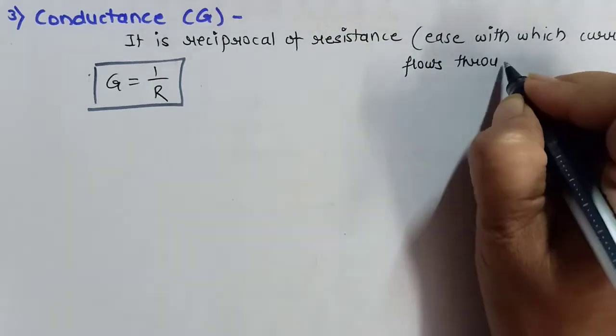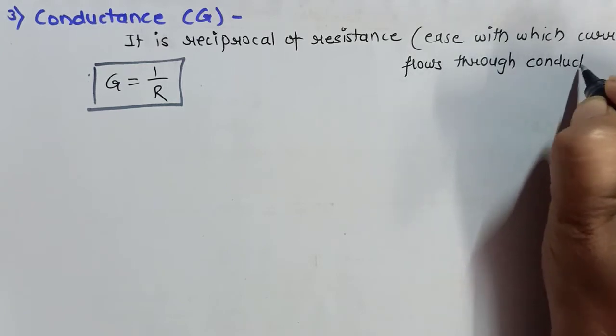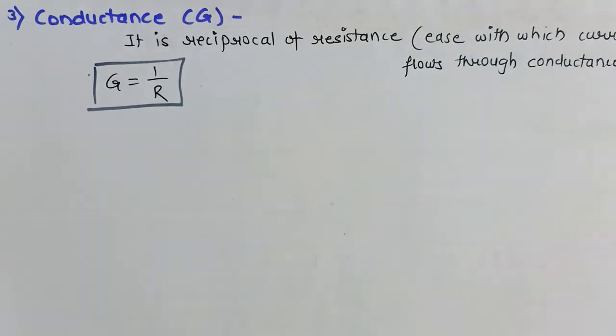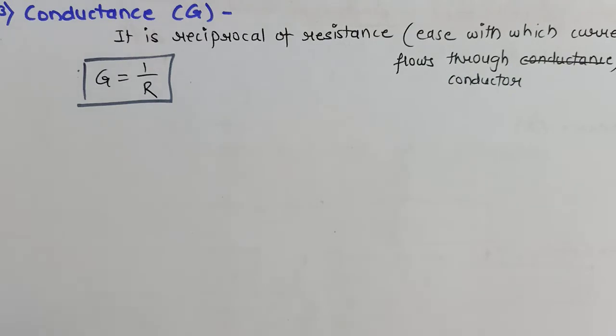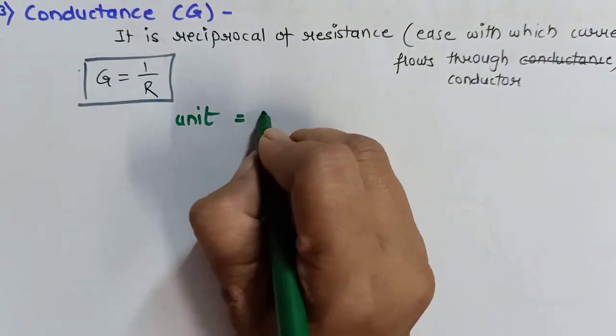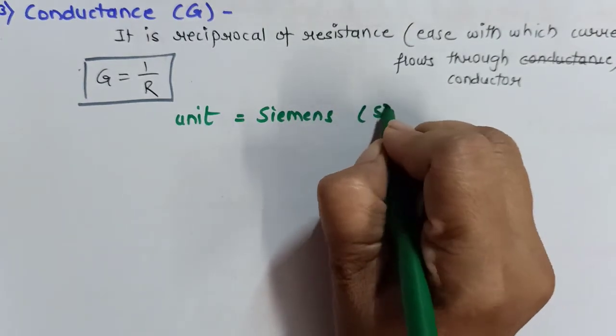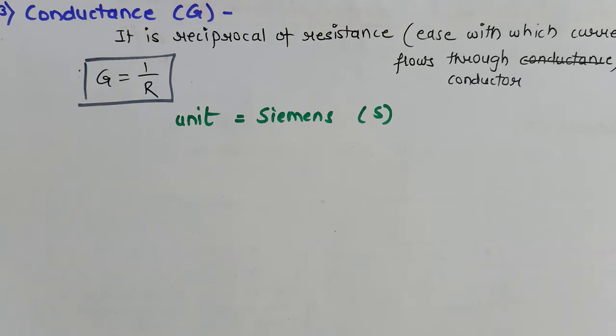Resistance is the obstruction and conductance is the easy movement of the current. The unit of conductance is Siemens. We denote it as S. Remember the definitions and units; these are important with respect to your theory exam as well as MCQ questions.